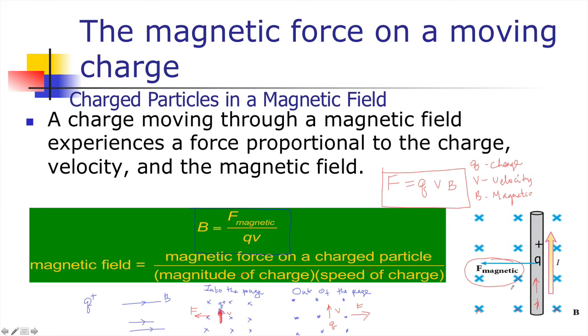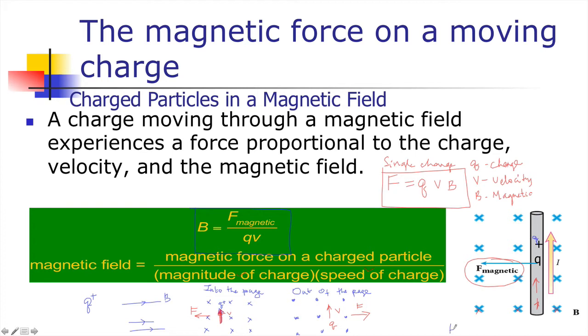And how do you calculate that force? This formula so far is for a single charge in a magnetic field. On the other hand, if you have a current carrying wire, the way you see it here, instead of a charge you are bringing the whole wire, a long wire with a stream of charges flowing through it.